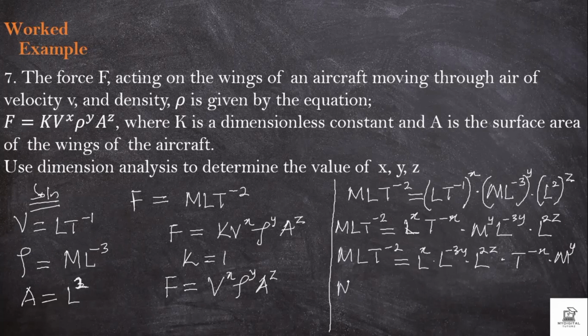So now I have MLT raised to power minus 2 will now be equal to L raised to power x plus minus 3y, which will become minus 3y, then plus 2z, right? Then what else? Multiply by T raised to power minus x multiplied by M raised to power y.